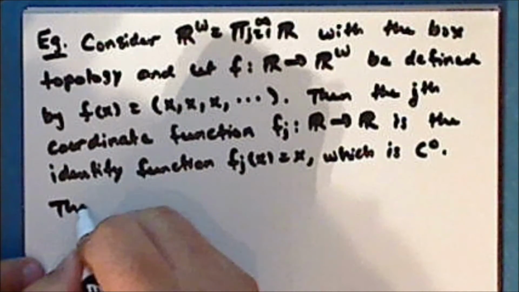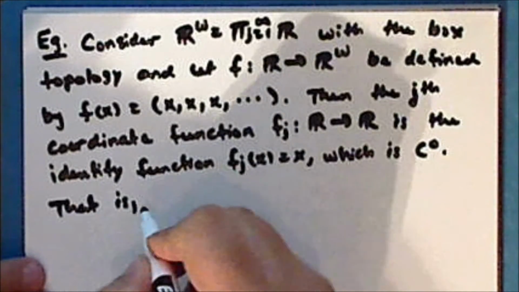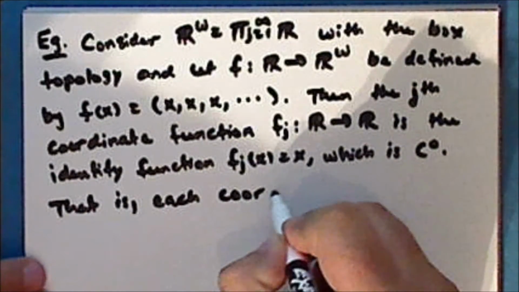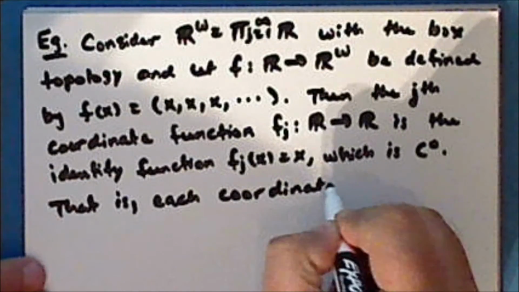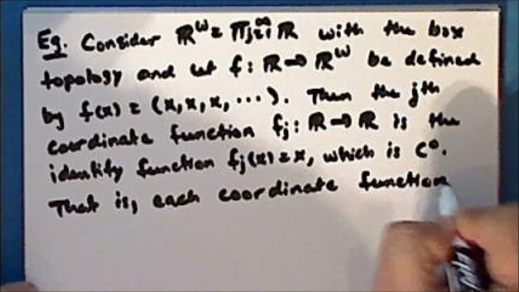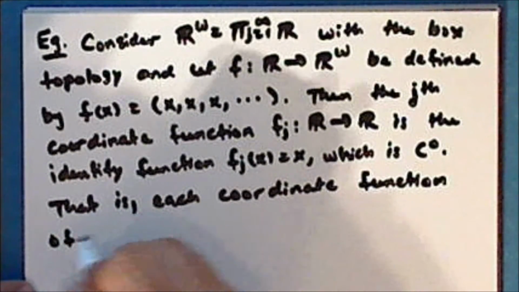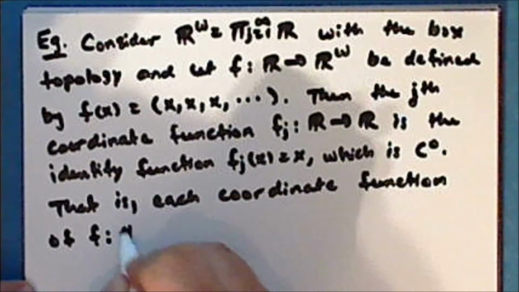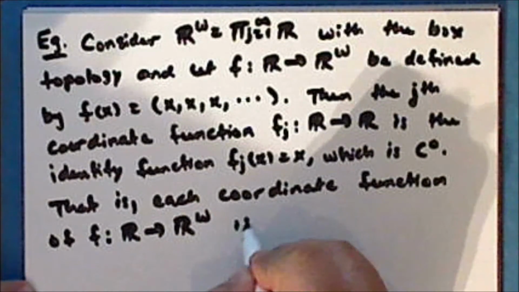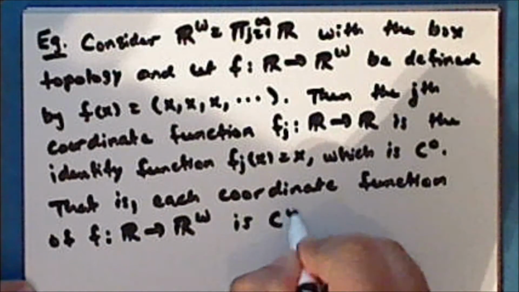That is, each coordinate function of the function f, mapping the real line into R^ω, is continuous.